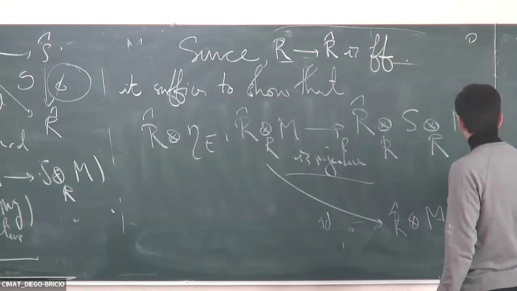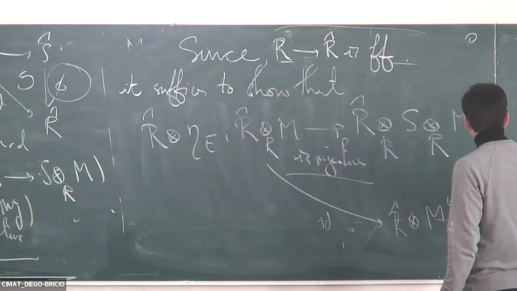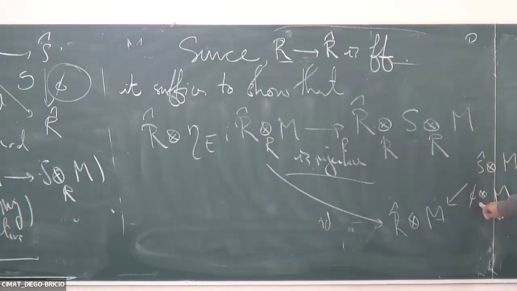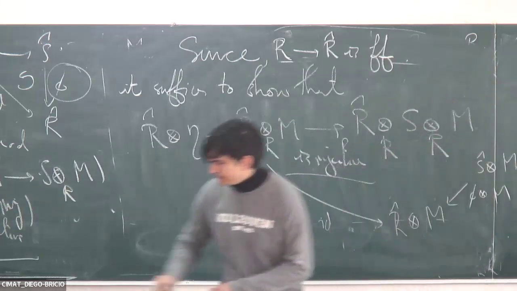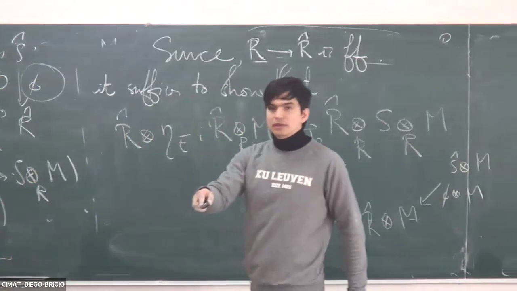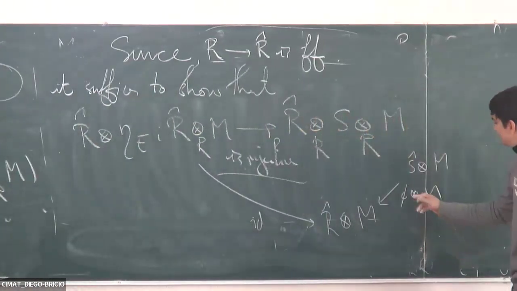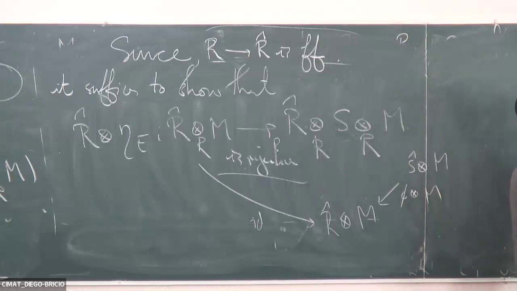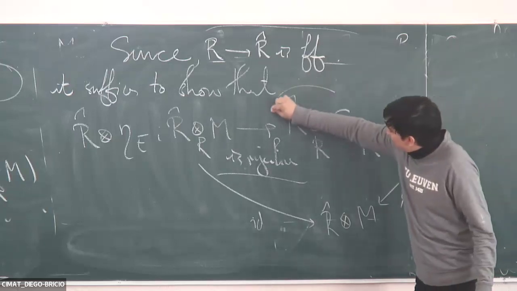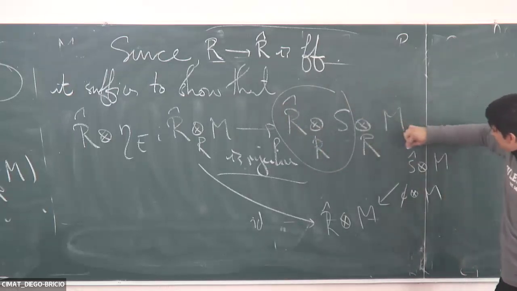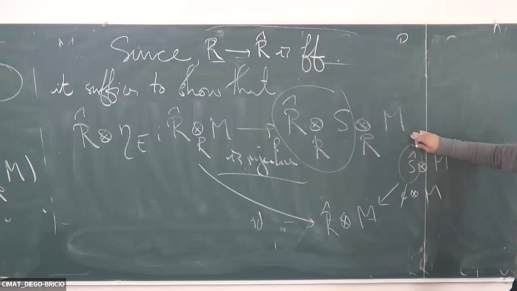So over here we would have s hat tensor m. Is there a way to go from here to here? There is. There is a canonical way to go from here to here.